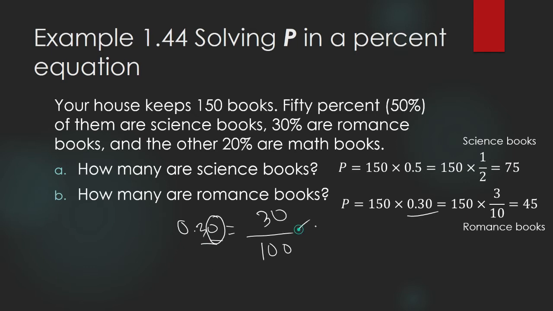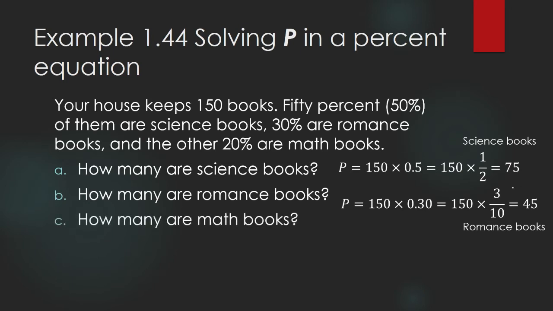So it's going to be 30 divided by 100. But that is the same as 3/10. Now 150 is equal to 10 times 15. 10 divided by 10 is 1. And so you are left with 15 times 3, and it's equal to 45.